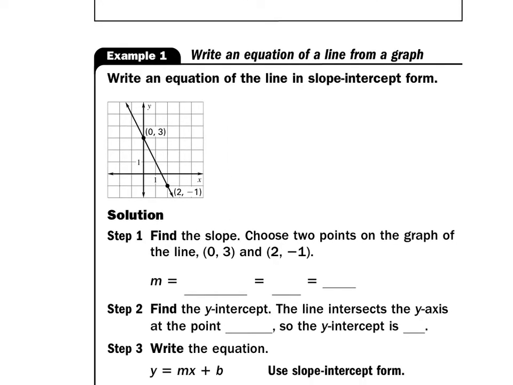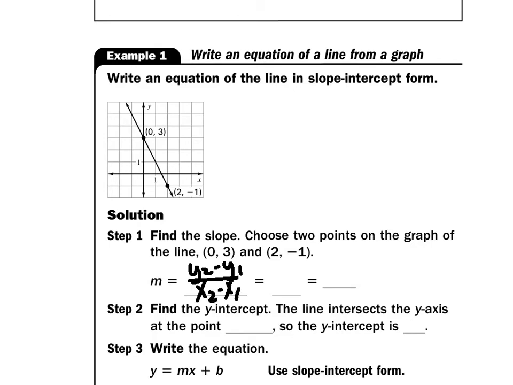Example 1. Write an equation of a line from a graph. Write an equation of the line in slope-intercept form. Well, find the slope. We have 2 points marked on this. So let's go ahead and say y2 minus y1 over x2 minus x1.